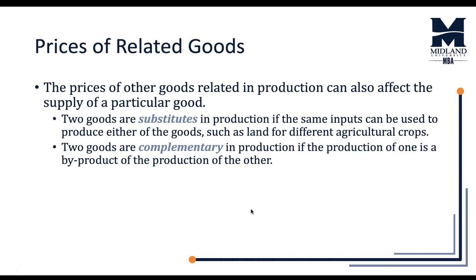Okay, so what does this mean? Let's say you are a farmer and you could grow either corn or wheat on the same land. Okay, let us say the market for corn has gone up significantly. There is a good possibility that even in times where you would normally have grown wheat, you would now produce more corn.